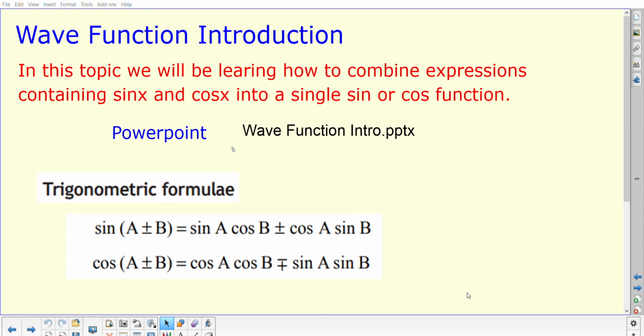So supposing we wanted to compare these graphs, we would be looking at each of them individually. So hopefully you know what the sine graph looks like, hopefully you know what the cos graph looks like, but it's then what happens when you add them together.